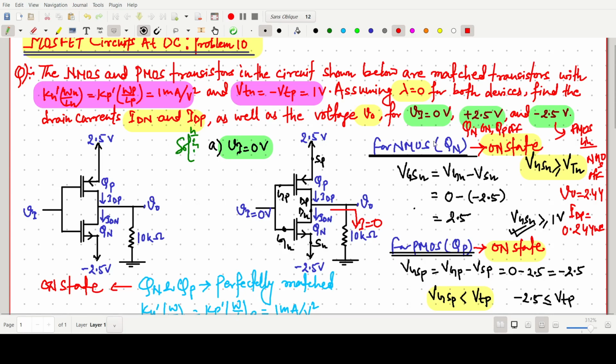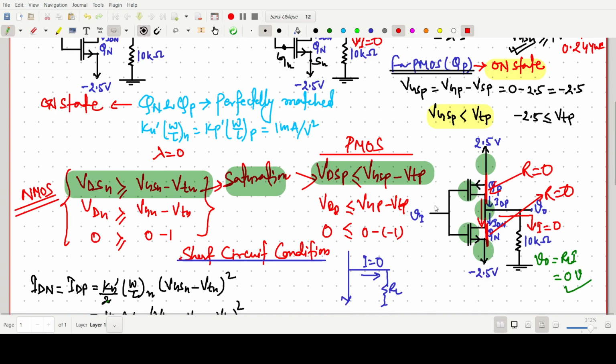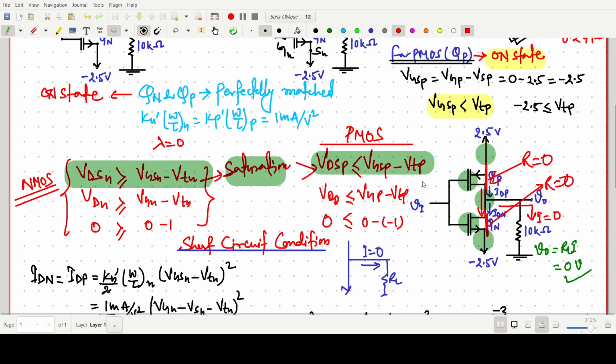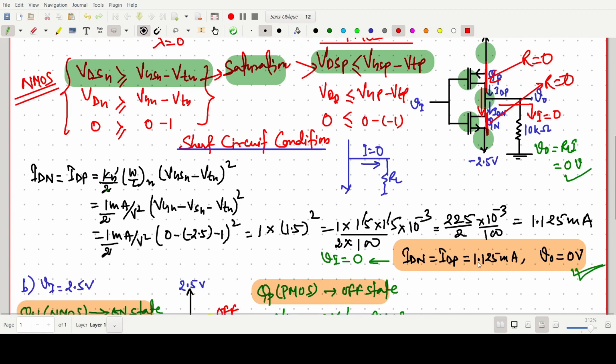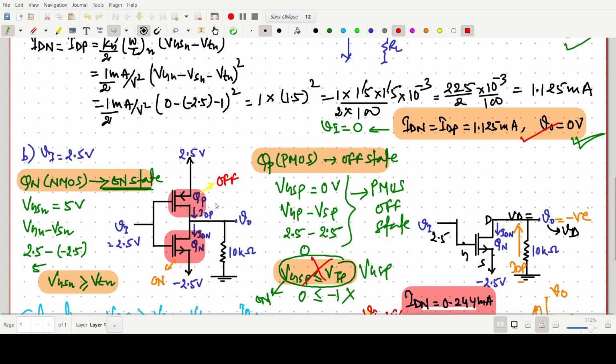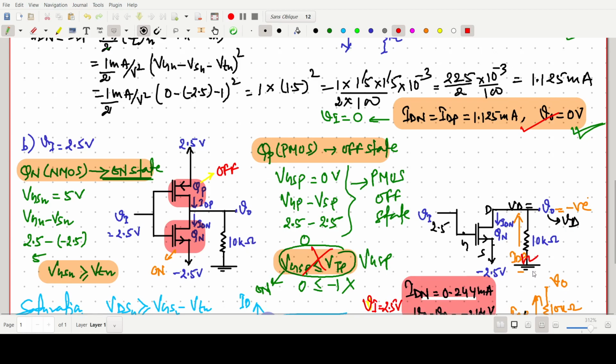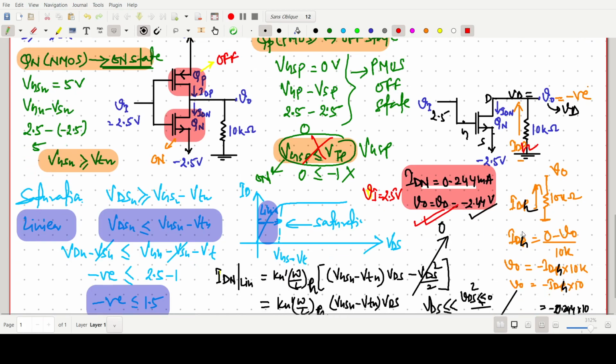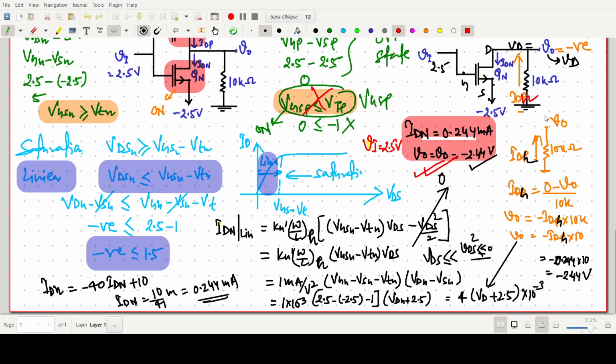So for all these things we can easily find the values. In the first case, Vi equals 0, both QN and QP are on, and the value will become this. The value for V naught will be 0 volt, and Vi 0 volt. Now for this one, this will be off, this will be on, so we have to do like this, IDn. If we find there are two conditions where V naught is unknown, that is our VD.